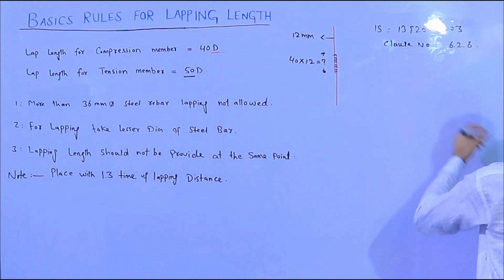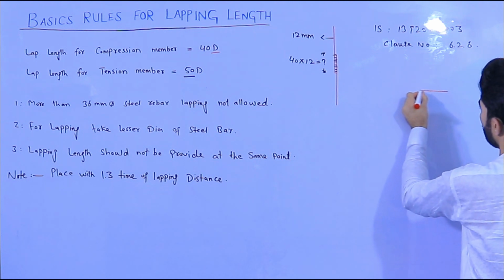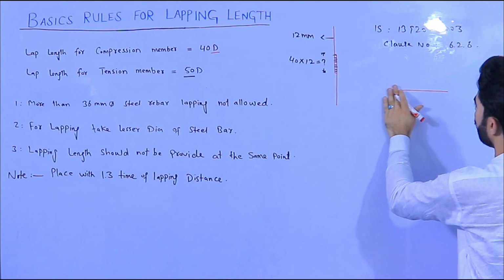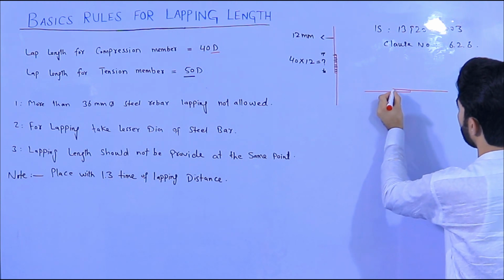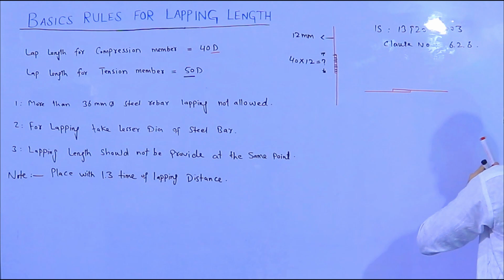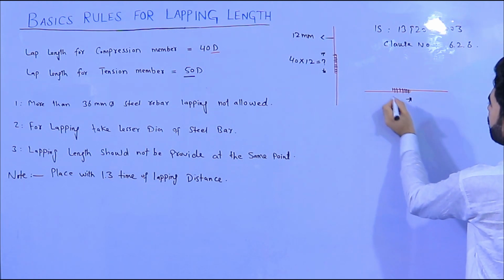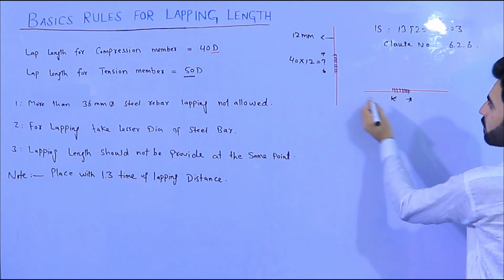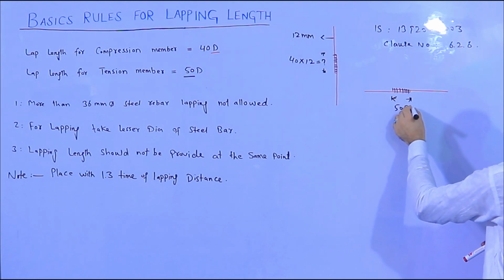Guys, you can see this is a beam. Especially for beam or slab, the length of the lapping should be minimum. This is lapping guys. This length we can get with 50D, minimum 50D, where D is the diameter of the steel bar.